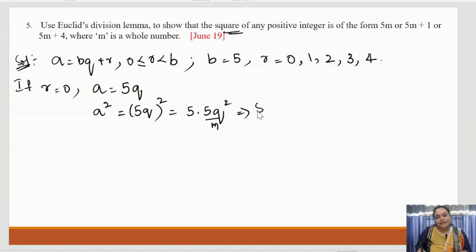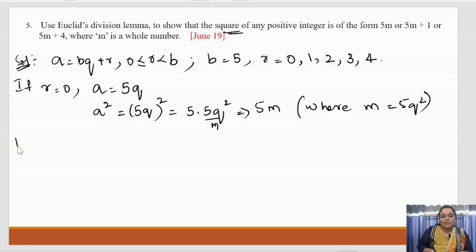So we will get 5m, where m is equal to 5q square. Now the next case is if r is equal to 1. If r is 1, a will be 5q plus 1.